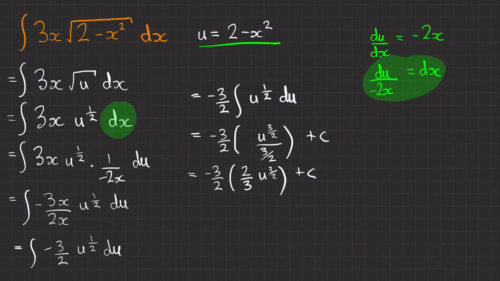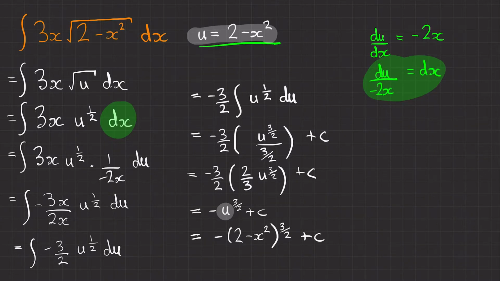Simplifying down even more, this will just give us equals minus u to the 3 over 2 plus c. And finally, we substitute in our u value. So our final answer is equals minus 2 minus x squared to the power of 3 over 2 plus c.